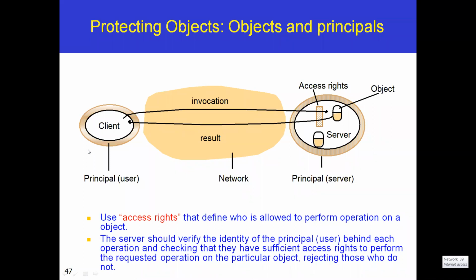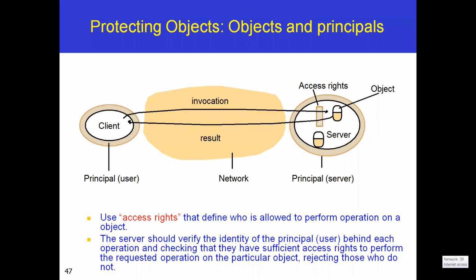the information to the client. See what is mentioned here: we can use access rights that define who is allowed to perform operations on an object. In this diagram, the client wants to perform an action on a particular object. The server needs to check whether this client is allowed to perform the operation on the object or not.